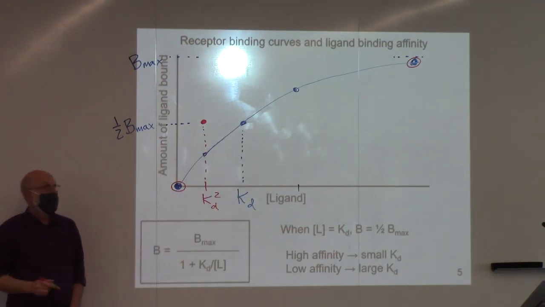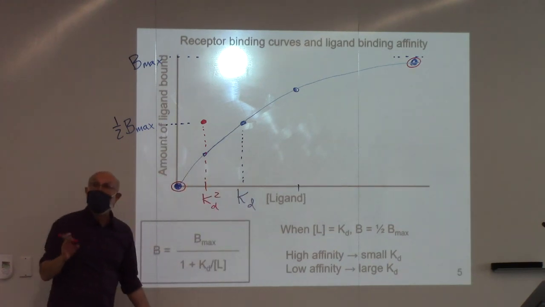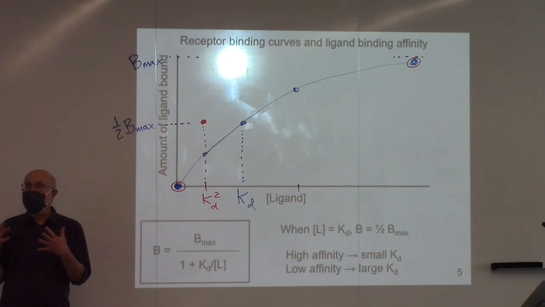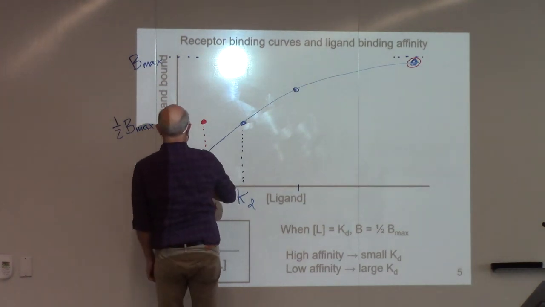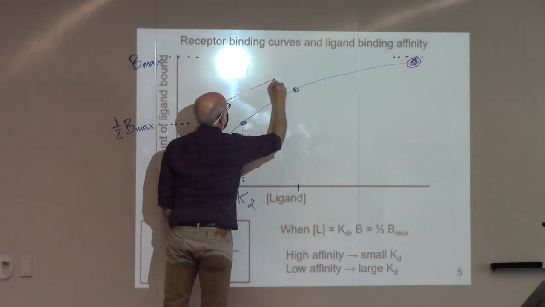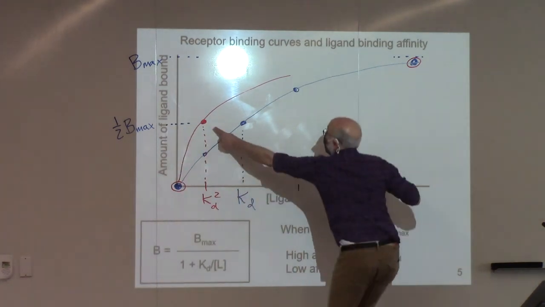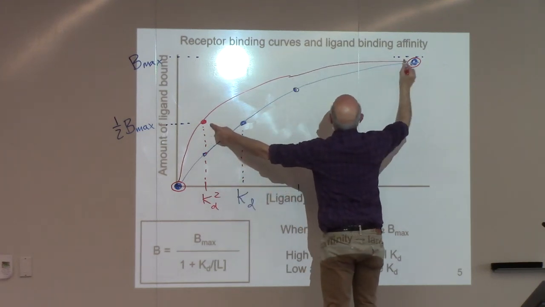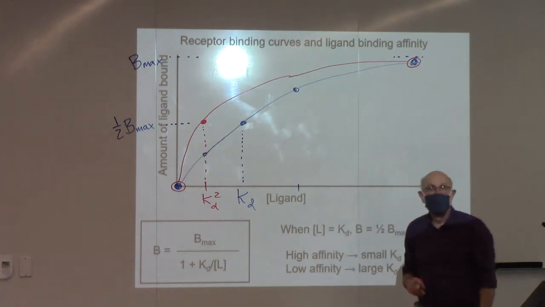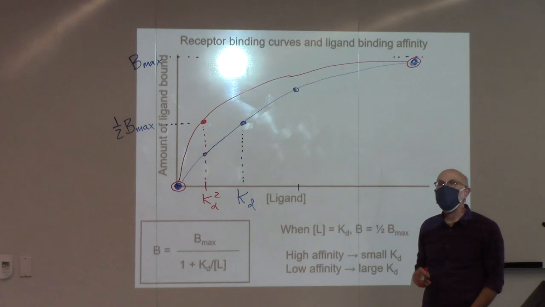Right? And so we could draw a curve. Remember, it's the same ligand binding to a receptor with a lower Kd. So we would draw a curve that starts at 0, goes through that half point, and then approaches the same Vmax. Same ligand binding to a different receptor.